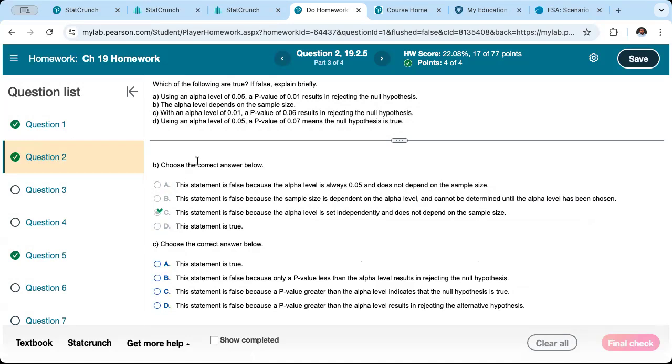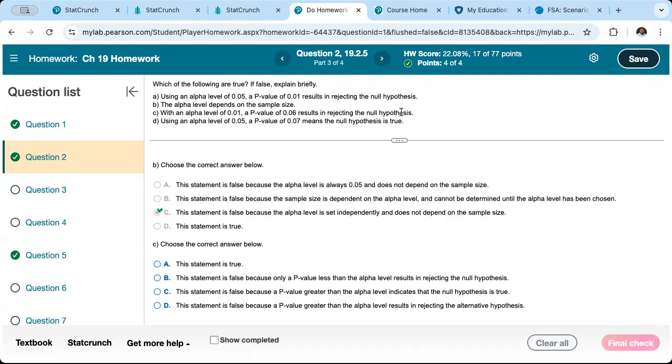Let's get to C. We have an alpha level of 0.01 and a p-value of 0.06. So I want to ask you, is the p-value high or low compared to the alpha level of 0.01? It's high. If it's high, what do we do? We fail to reject. Is that okay? But here it says that this results in rejecting. So that is false.